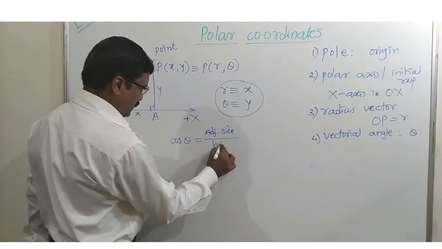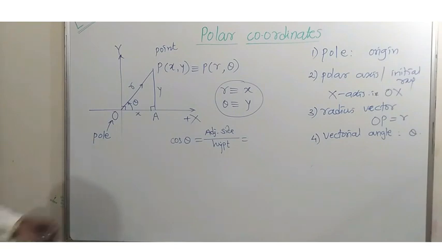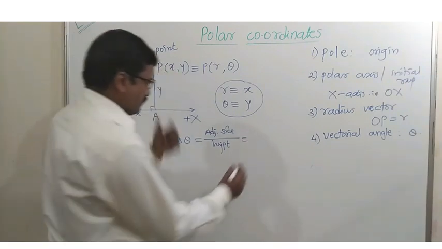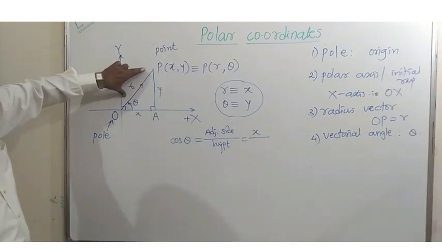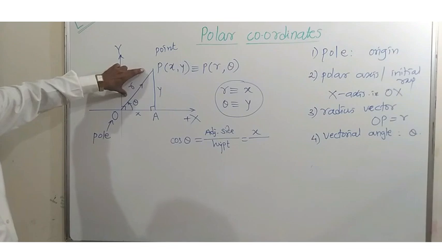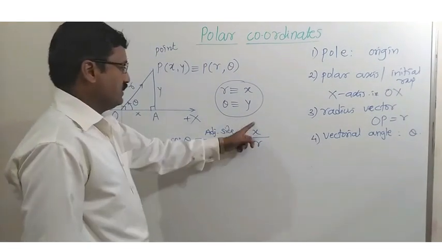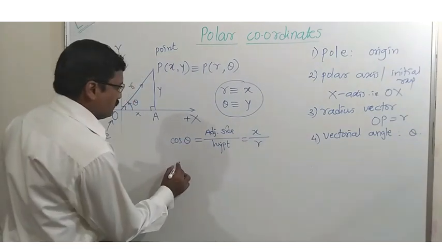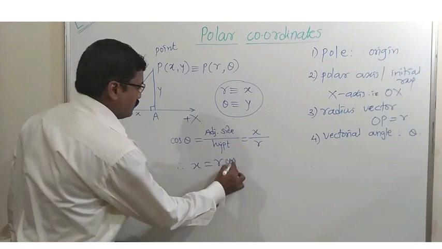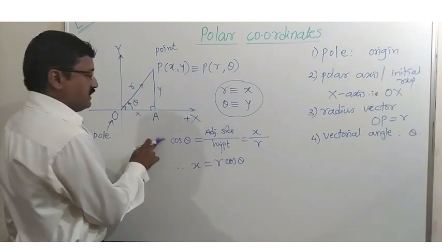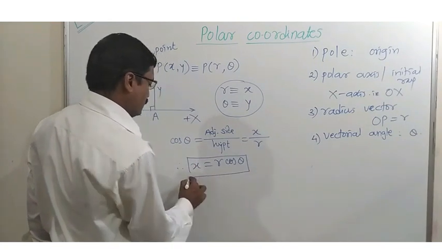The adjacent side is nothing but x, the x coordinate of that point P. The hypotenuse is nothing but the magnitude of this radius vector, that is r. So we get cos theta is equal to x upon r. From this we can write x is equal to r cos theta. So this x is nothing but r cos theta.